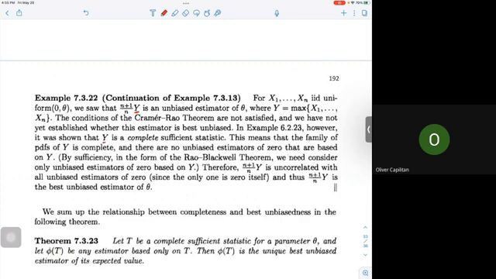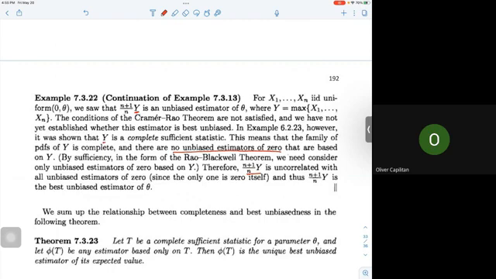So if it is complete, there are no unbiased estimators of 0 that are based on Y. Therefore, yung (n plus 1) over n times Y here is uncorrelated with all unbiased estimators of 0.